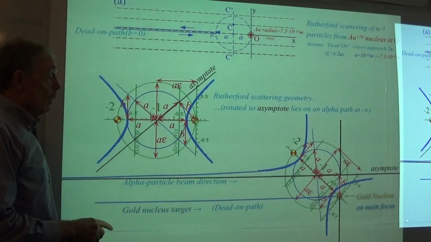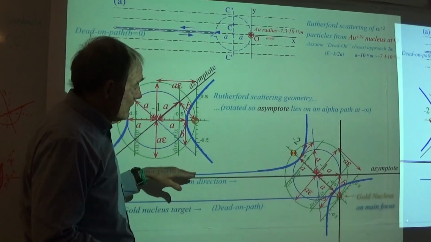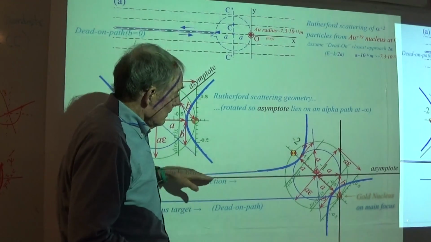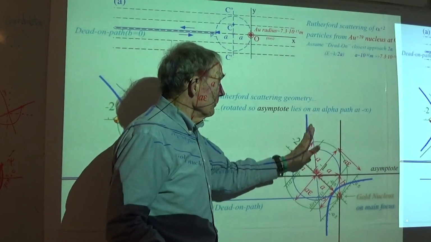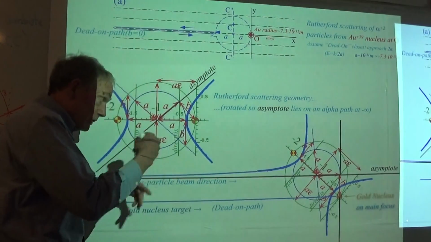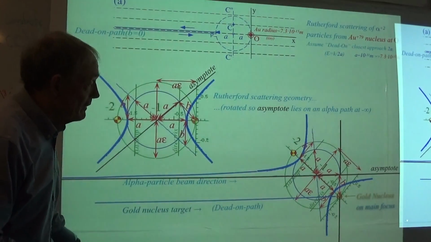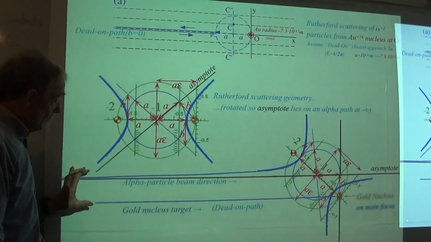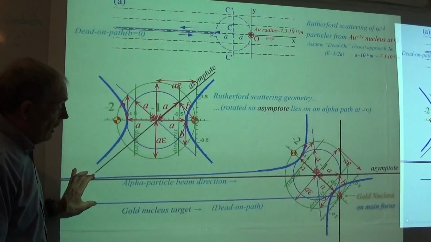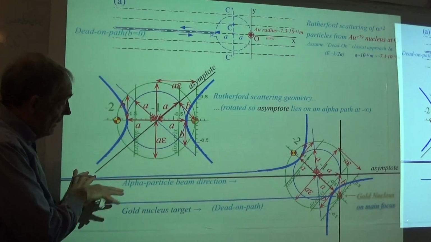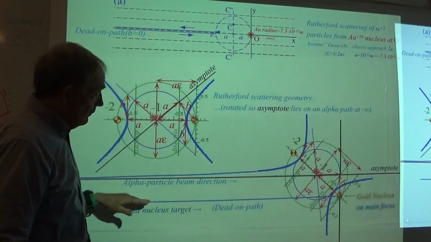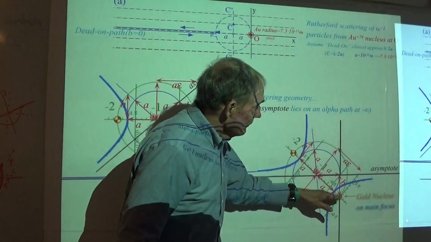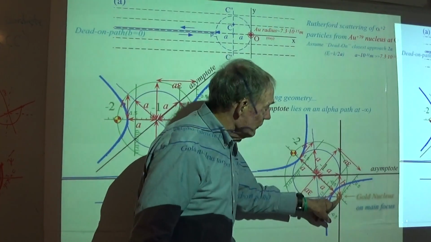And there's this particular trajectory that we're going to calculate, just a ruler and compass derivation, has at a great distance, a certain distance above, lying above the line that goes dead center. So the gold nucleus is sitting here at this focal point.